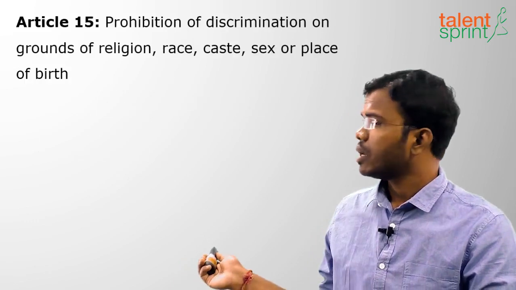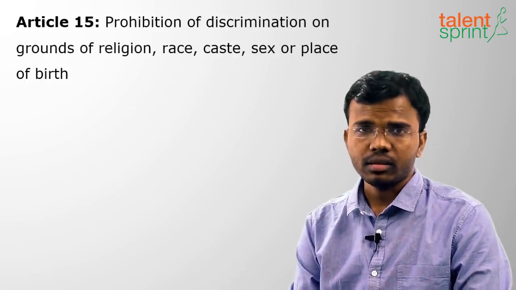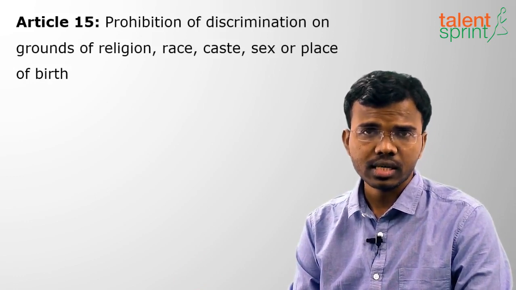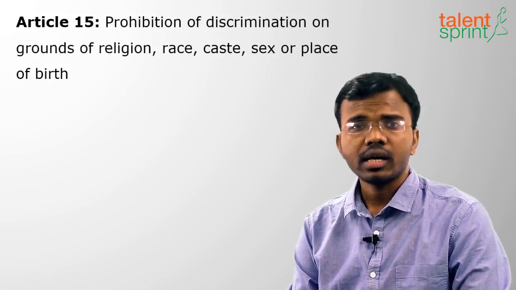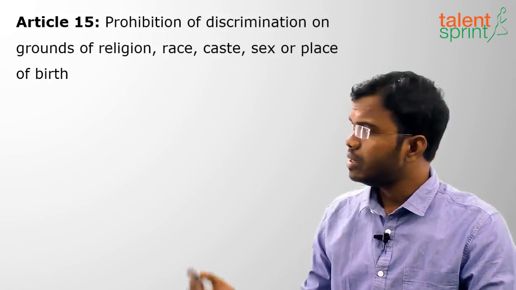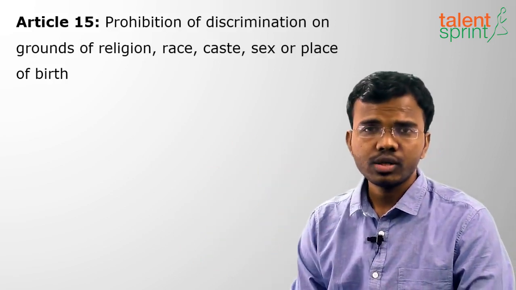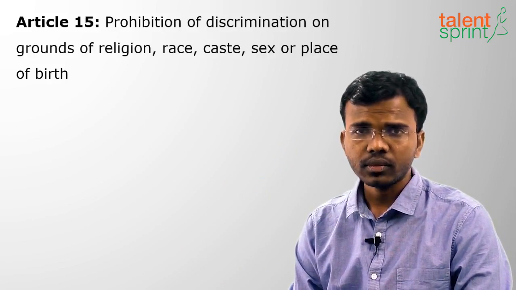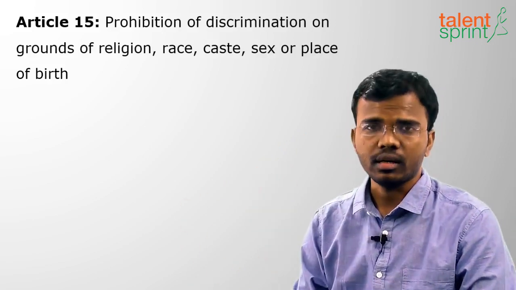Next is article number 15, prohibition of discrimination on the grounds of religion, caste, creed, gender and place of birth. Nobody should be discriminated against on these grounds. It is totally prohibited in India.